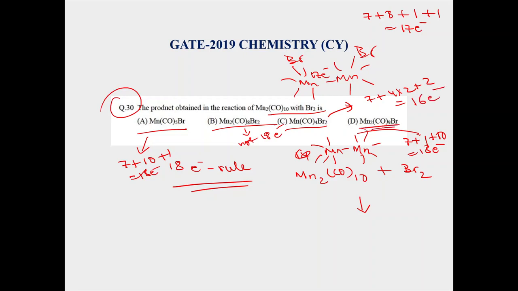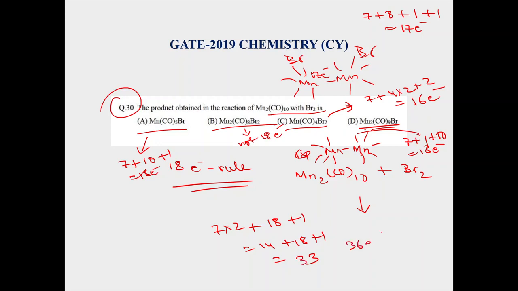And the last option is Mn2(CO)9Br. That means manganese is 7 times 2, 14, plus 9 times 2, 18, plus 1. So 14 plus 18 plus 1 is equal to 33.